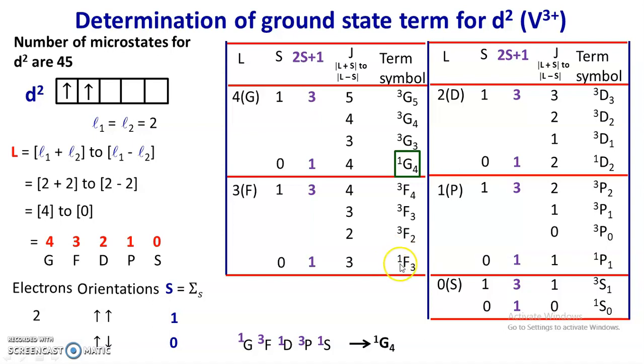So F terms with multiplicity equal to 3 are allowed, and therefore ³F₄, ³F₃ and ³F₂ are allowed, whereas ¹F₃ is not allowed. Now consider the D term. D with singlet is allowed, triplets are not allowed, and therefore only ¹D₂ is allowed. Other term symbols with triplet are not allowed.